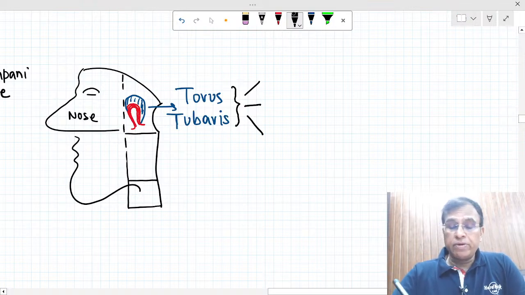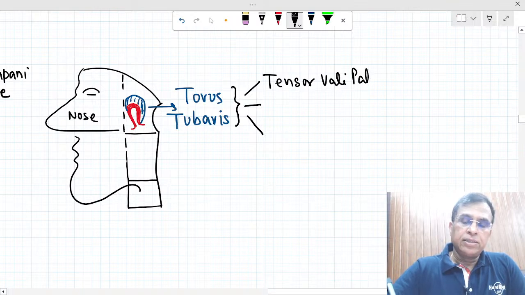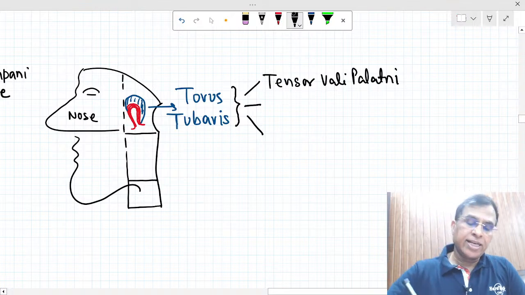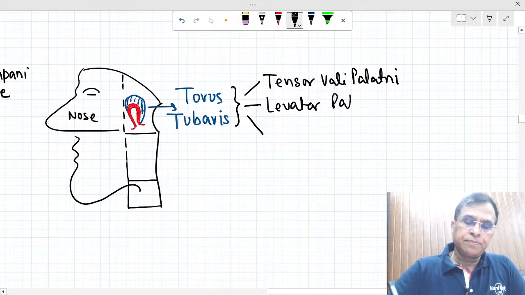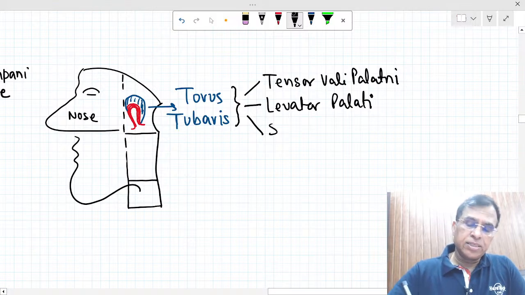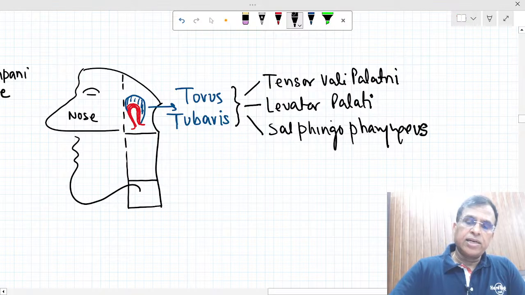And they ask you the name of the muscles: tensor veli palatini. As the name tells you, this is a tensor of the palate. And the second is also a palatal muscle, levator palati. Both are palate muscles, and the third muscle is a pharyngeal muscle called salpingopharyngeus, and this is an MCQ.